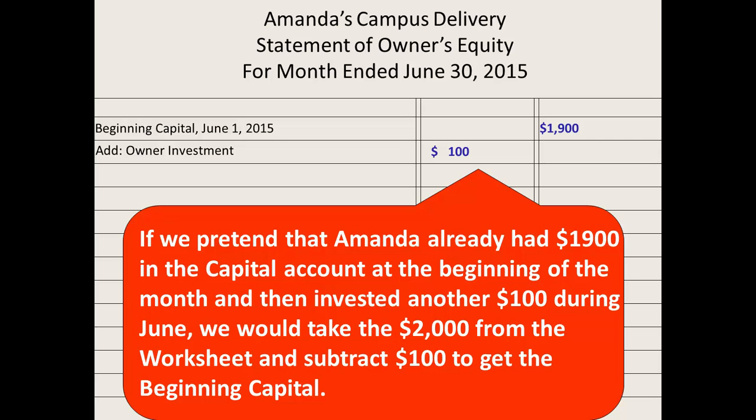Here it is beginning capital June 1st, and that is the 1900. Then we're going to add everything that increases equity, and then we'll subtract everything that decreases equity and come up with an ending capital number.